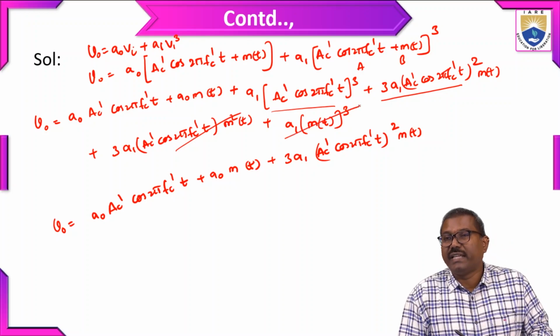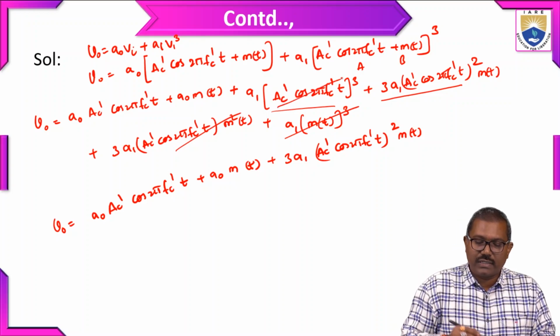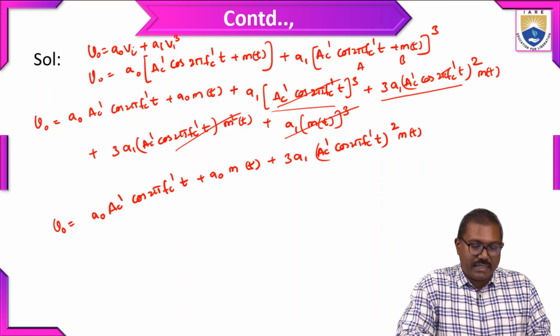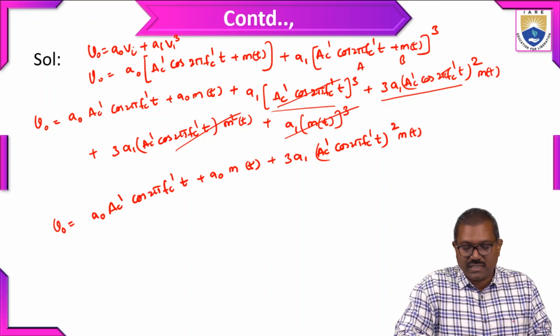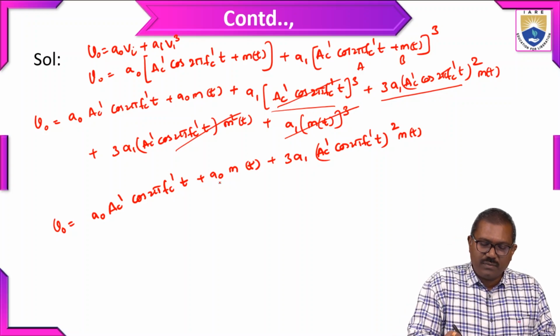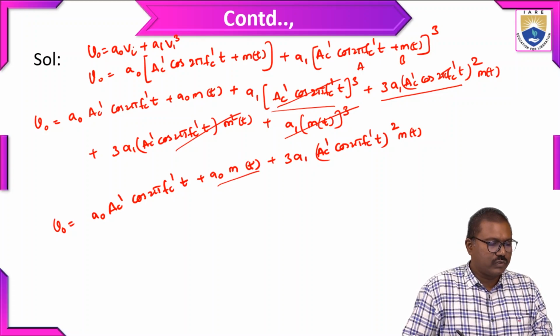M cube T is also unwanted. And this one is also unwanted. So out of these terms, one is A naught AC dash cos 2 pi FC dash T plus A naught M of T. So A naught M of T is a message signal. So that's also not a DSB signal.